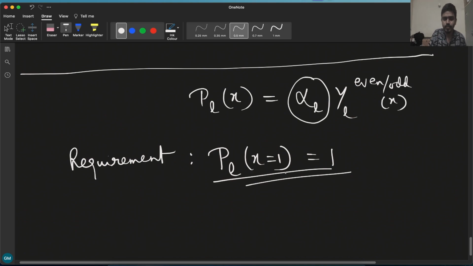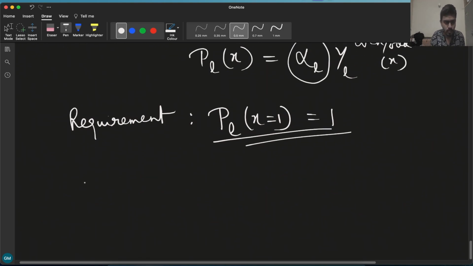For example, for L equals 0, P0(x) is 1, which already satisfies this requirement, so we don't need to multiply with any normalization factor.